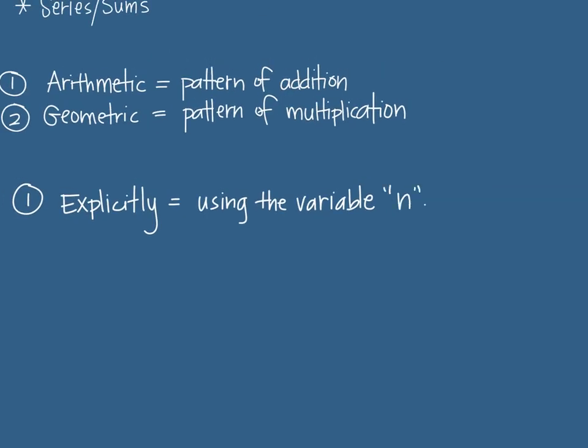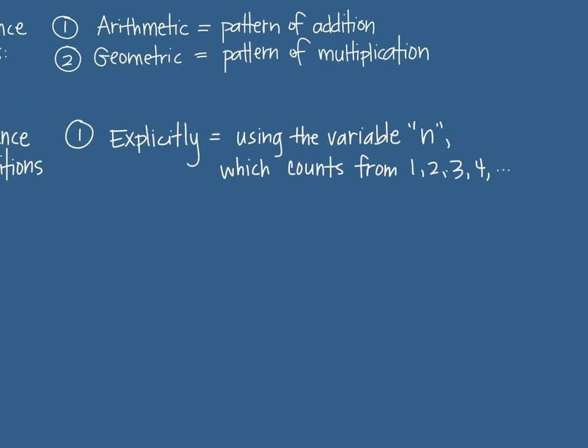And n is replaced by the counting numbers, and n counts starting with 1, 2, 3, 4, etc. So you just generate the sequence starting with, I'm going to plug in 1, I'm going to plug in 2, I'm going to plug in 3, I'm going to plug in 4. That's called an explicit.